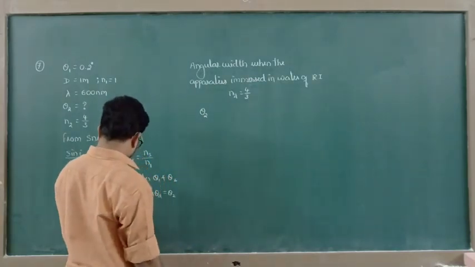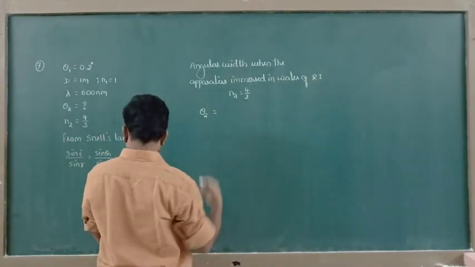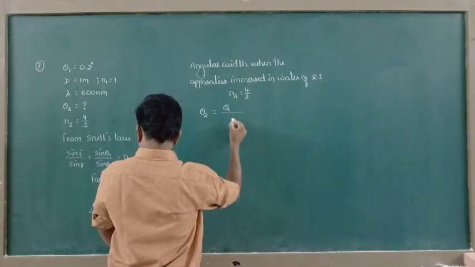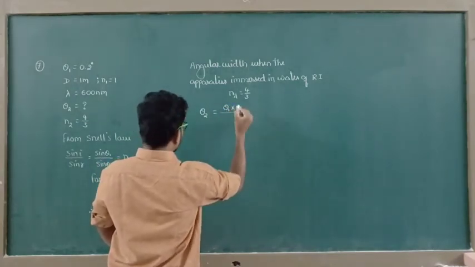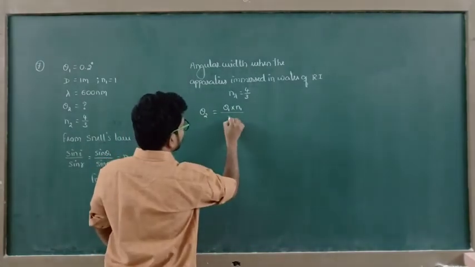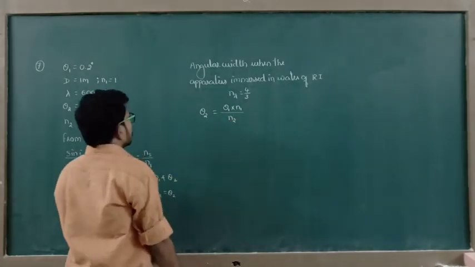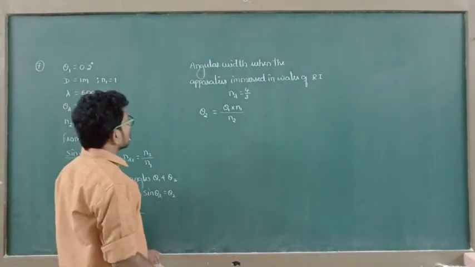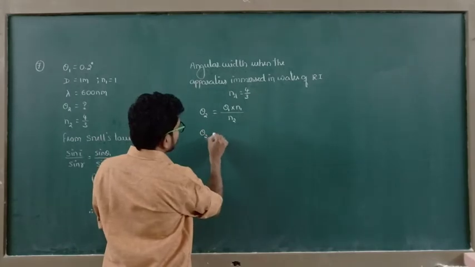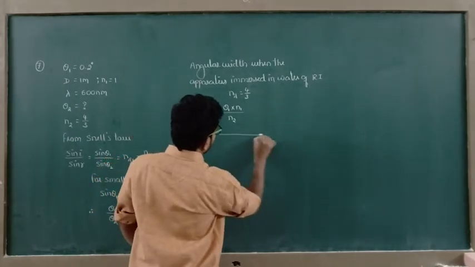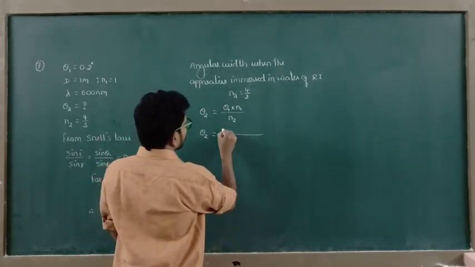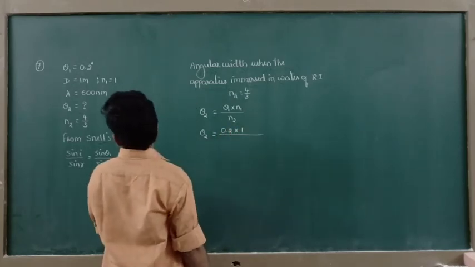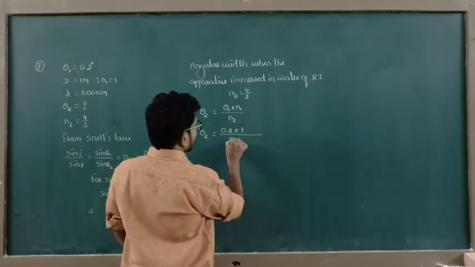Theta 2 is equal to, cross multiplication, theta 1 into n1 divided by n2. Substitute the values. Theta 2 is equal to theta 1, 0.2, n1 is 1, n2 is 4 by 3.